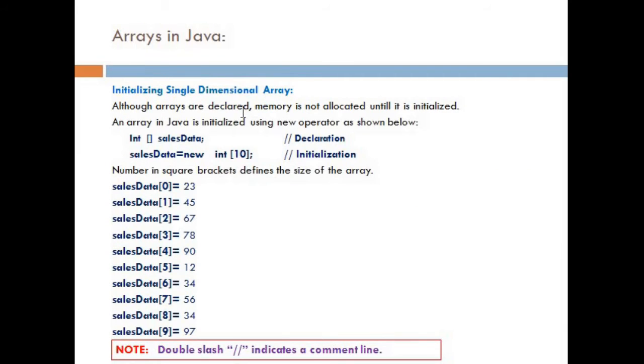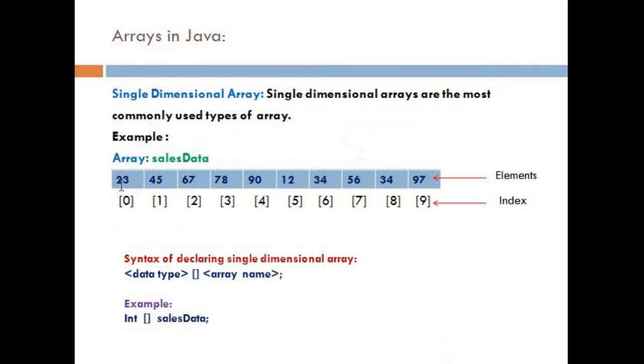Now although arrays are declared, the memory is not allocated until it is initialized. That means memory space shall be allocated for this array called sales data only when the array is filled up with these elements. Or we can say that memory shall be allocated to this array variable sales data only when this array shall be initialized with these elements.